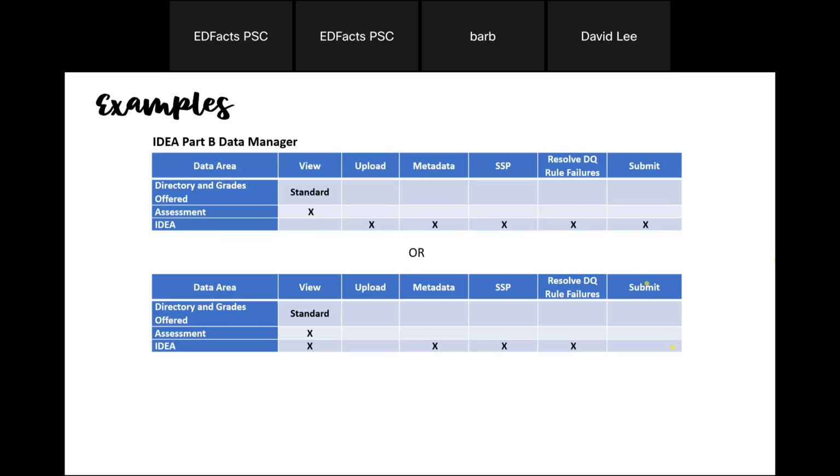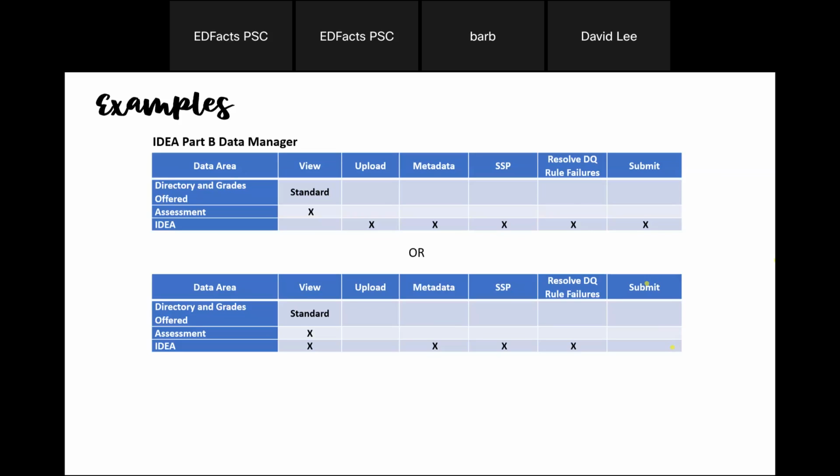Then you're giving them view access to the assessment data. So when they log into EDPass, they can't see data for any other data areas, but they can view the assessment data and then have full access to all the IDEA data. Well, every user will have access to directory and grades offered.